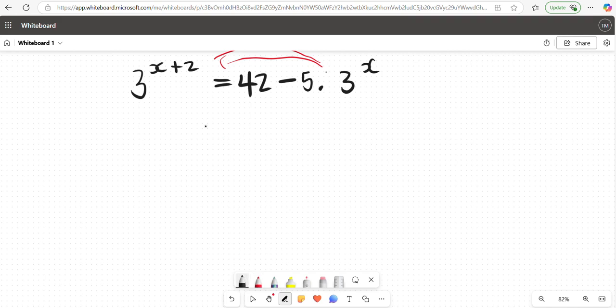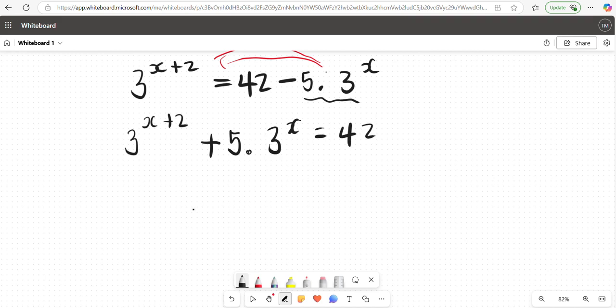And when I bring him over to the left hand side, remember we still have the 3 to the power of x plus 2. And this is a whole term. It's one big term. So I bring this whole thing over and it becomes a positive, and that's how it looks, equal to a positive 42.